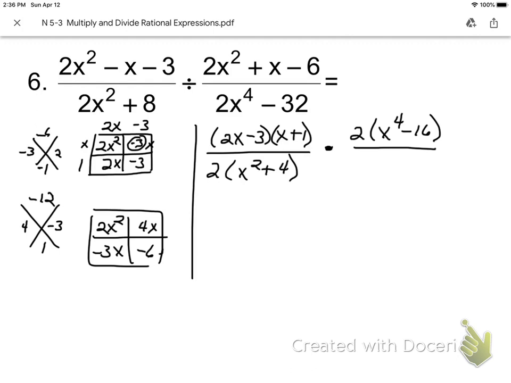The two numbers we figure out go in the one diagonal, and the first and last term go in the first diagonal. So I'm going to put a 2x here and an x here. Put a 2 here. 2 times 2x is 4x. A negative 3 here. Negative 3 times x is negative 3x. And your final check here, negative 3 times 2 is negative 6. So that factors to be x plus 2.